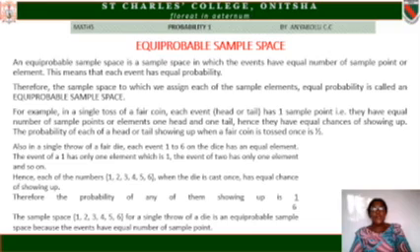The event of a 2 has only one element, and so on. Hence, each of the numbers 1 to 6, when the die is cast once, has equal chances of showing up. Therefore, the probability of any of them showing up is 1/6. The sample space 1 to 6 for a single toss of a die is an equiprobable sample space.